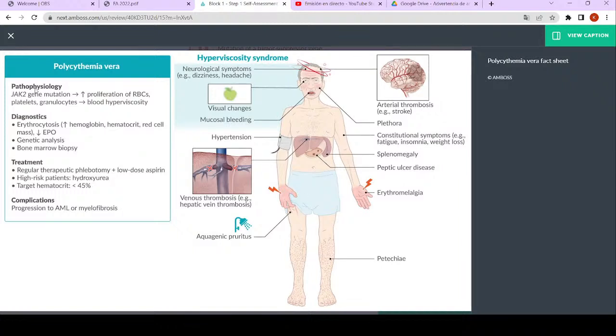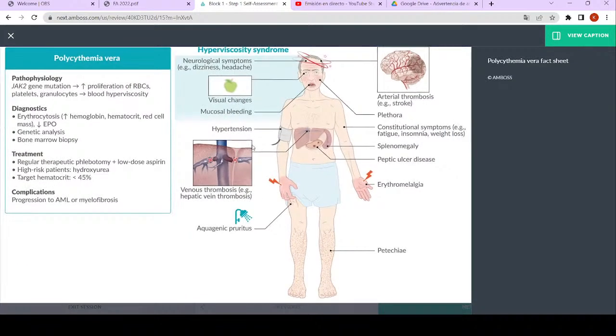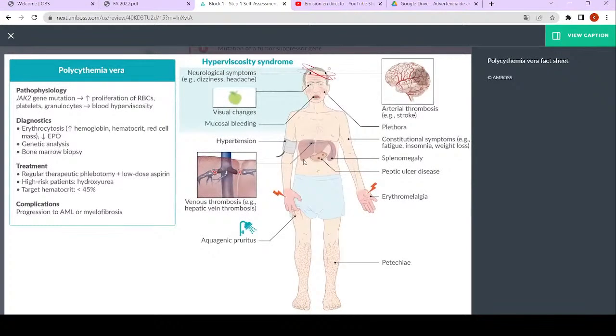So here in polycythemia vera, you will have neurologic symptoms that were described: dizziness, headaches, arterial thrombosis, plethora, mucosal bleeding, visual changes, hypertension because of the hyperviscosity, right?